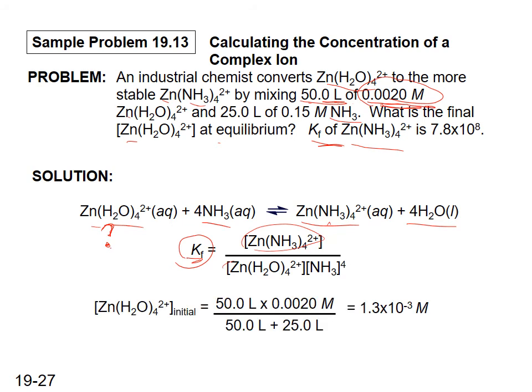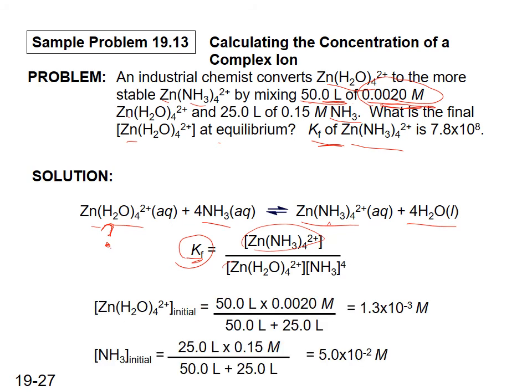So let's first calculate the zinc hydrate initial concentration. We multiply 50 liters and 0.002 molarity. That gives you the number of moles, and then divide by the total volume when we mix the two liquids together with ammonia. That gives you the molarity of zinc hydrate.